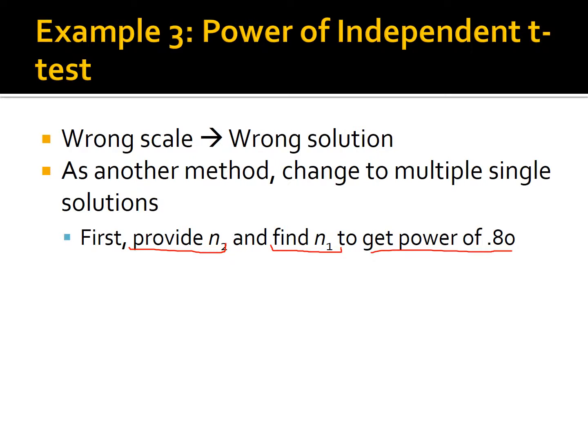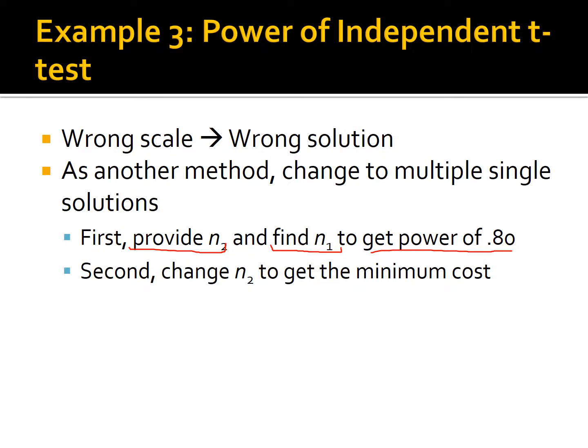So after the first step, I will have the combination of n1 and n2, and then in the second step, I will change n2 to get the minimum cost. Then I get the new n2, find the new n1 again, provide the cost, then go back and change n2 in order to get the minimum cost.